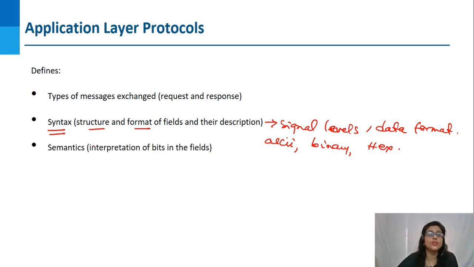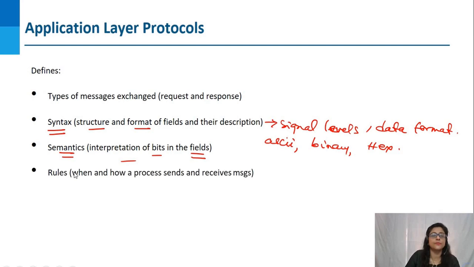Next, it also looks into the semantics, like coordination of the bits in the different fields, how the bits are interpreted in the different fields. So control information is there in the semantics part of the application layer protocols.